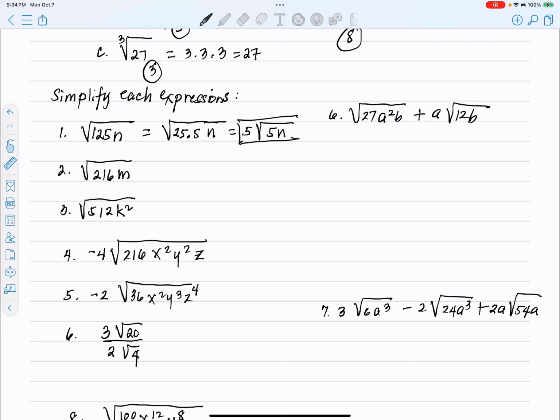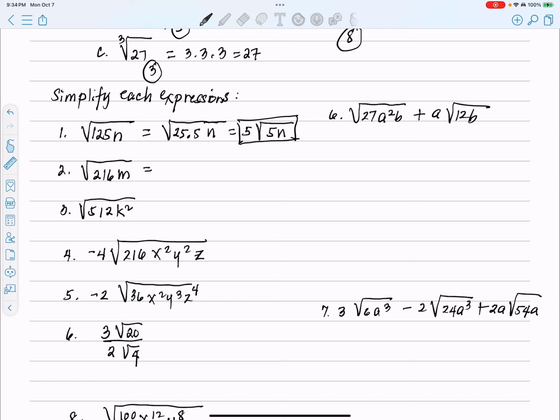Okay? So your answer is 5 square root of 5n. How about the square root of 216m? 216 is not a perfect square. So what you're going to do is try to divide 216 by 2. Yes, we can, but one is not a perfect square. By 3, by 4, by 5.